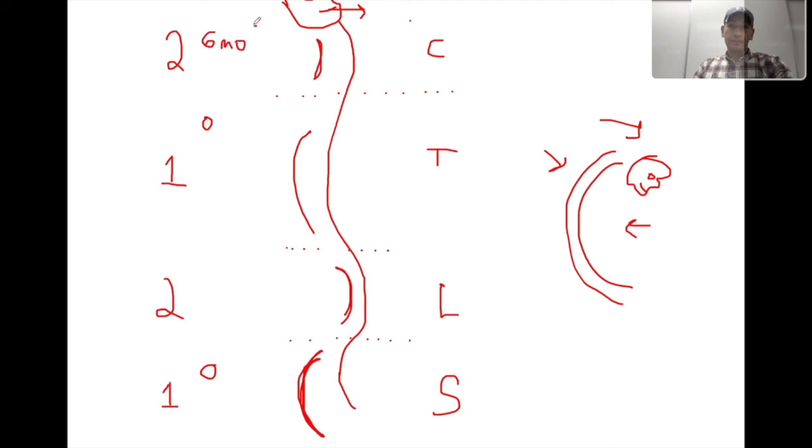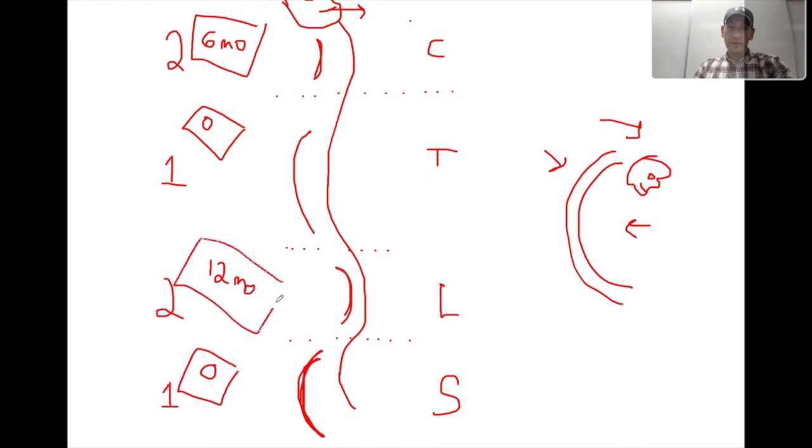And what about when you start to stand up and walk? How old are you? Roughly 12 months. And when you can do that, your lumbar curve starts to develop because you start to walk. Roughly at 12 months, roughly at a year.